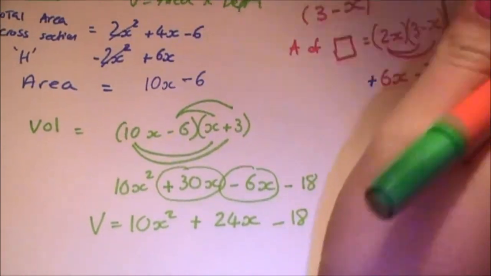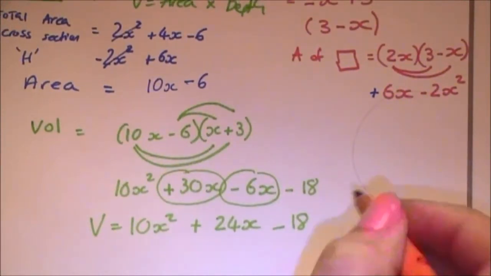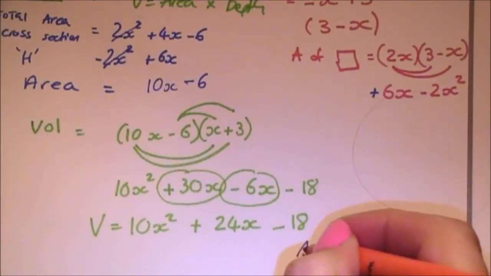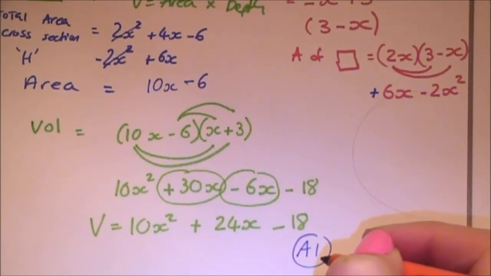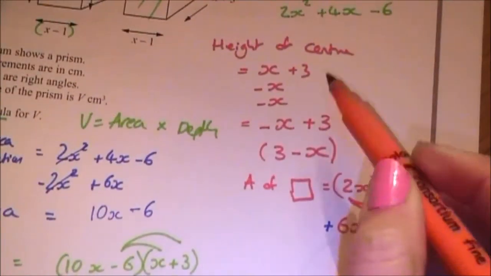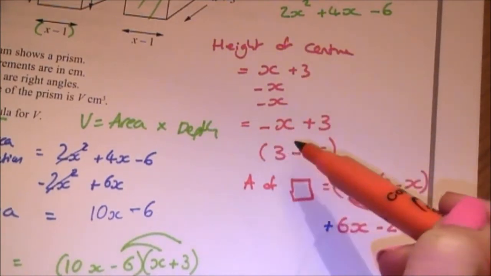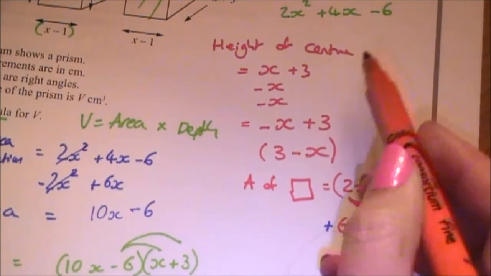I can have a look at where the marks are allocated for this. So I get an answer mark for getting the correct answer. Now, I get a method mark if the examiner can see sight of you finding an expression for the missing side.